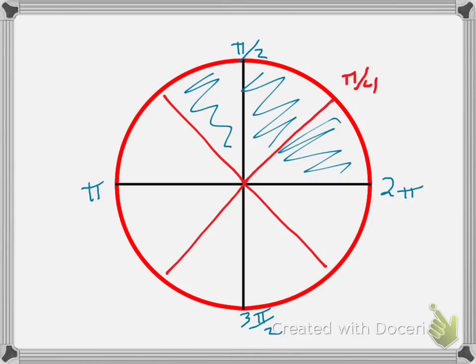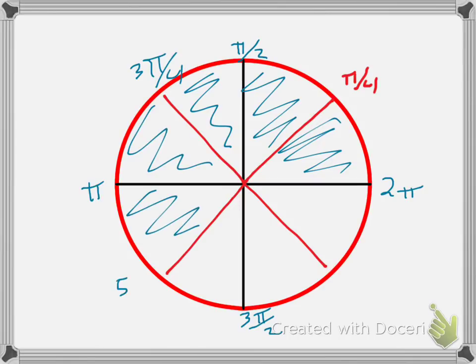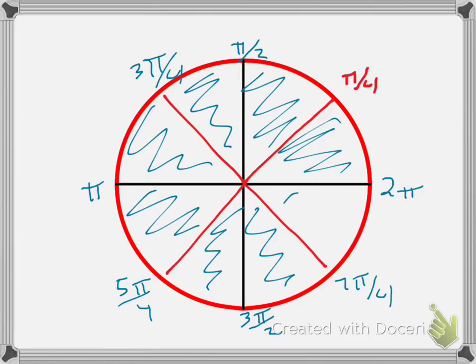So this one is now 3 pi over 4, then we have 4 pi over 4, 5 pi over 4, 6 pi over 4, which gives me 3 pi over 2 when I reduce, then 7 pi over 4, and 8 pi over 4, which is 2 pi.